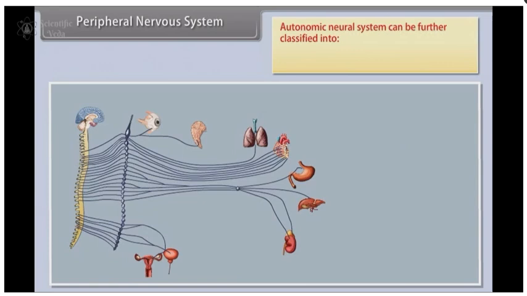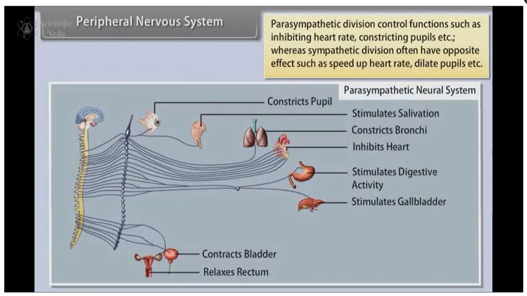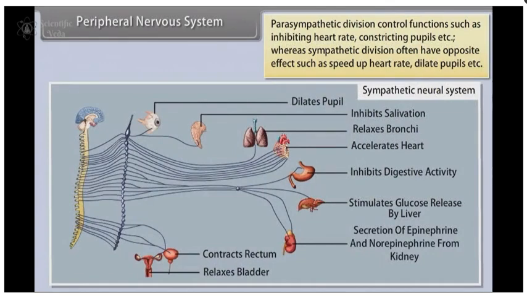The autonomic neural system can be further classified into parasympathetic neural system and sympathetic neural system. The parasympathetic division controls functions such as inhibiting heart rate, constricting pupils, etc., whereas the sympathetic division often has the opposite effect, such as speeding up heart rate, dilating pupils, etc.